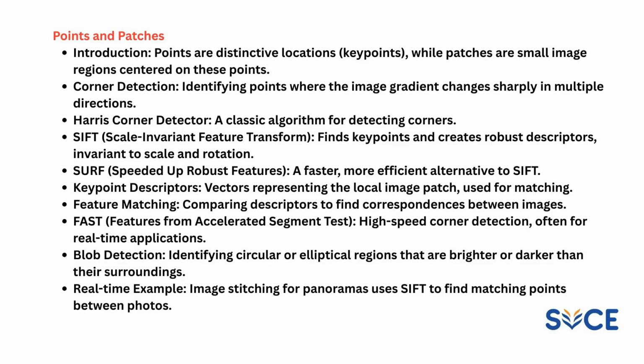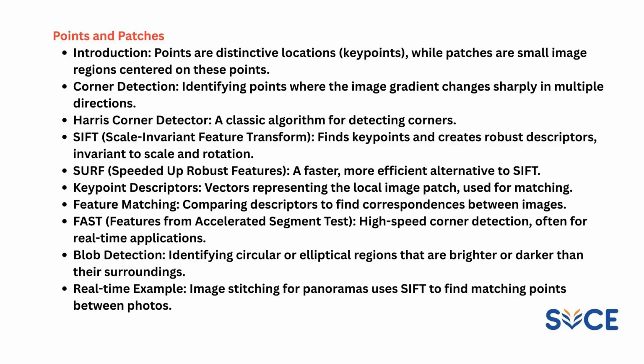Another fast and simple algorithm is FAST, F-A-S-T, which stands for Features from Accelerated Segment Test. It is a high-speed corner detector, perfect for real-time applications like on mobile phones or a robot. And what about blobs?